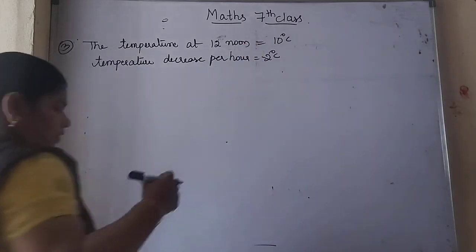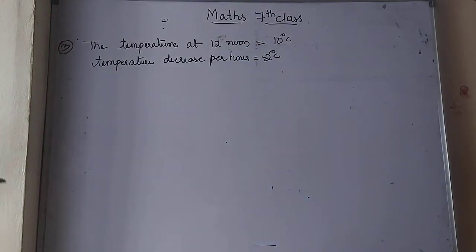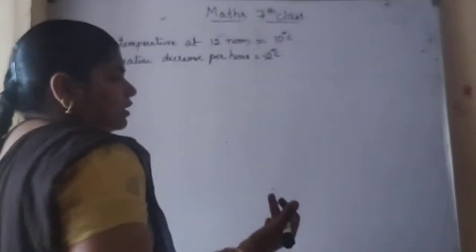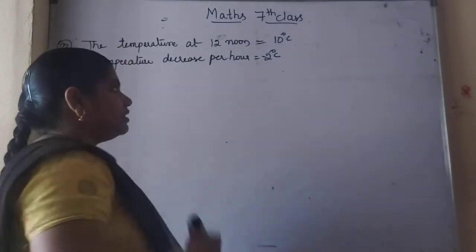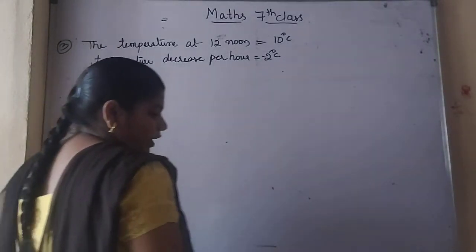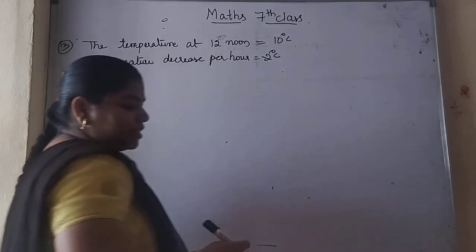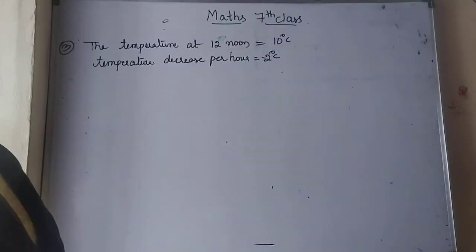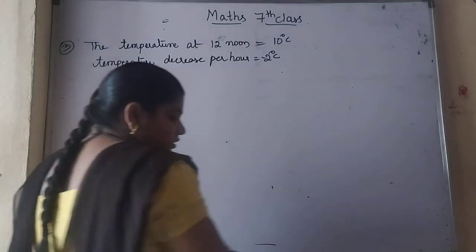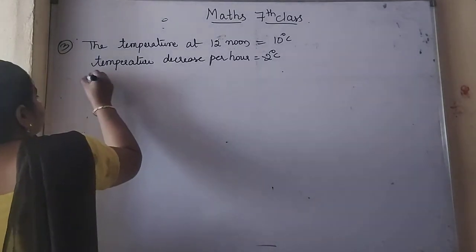That means per every hour it is decreased by 2 degrees. Decrease is nothing but minus, so I wrote minus 2 degrees Celsius. So now we have to find the time at minus 8 degrees Celsius, and also the temperature at midnight.